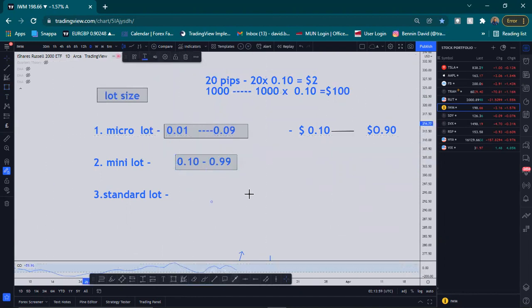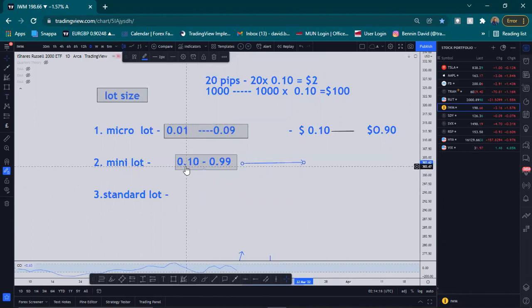And what this means is, if you are using the smallest lot size of the mini lot, which is 0.10, how much money would you make? You move the decimal point from here to here, so it becomes 1.0.